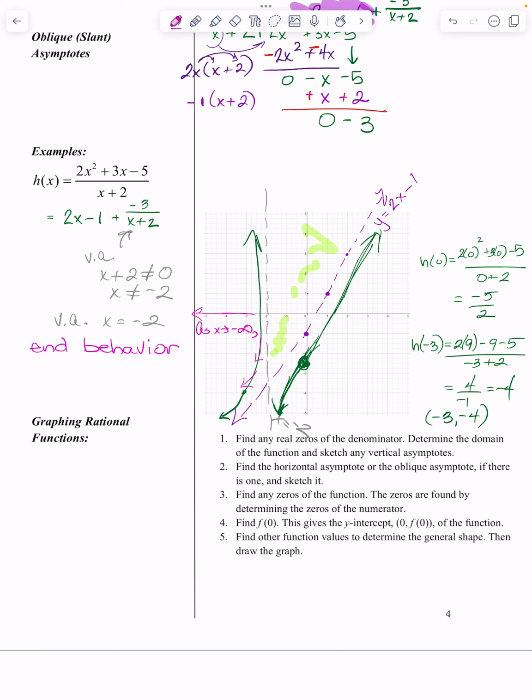As x goes to -infinity, my y, my f of x, is also going to -infinity. Okay. We have got this part here. As x goes to +infinity, let's see what's happening with our graph here. Y is increasing without bounds, so f of x also goes to +infinity.